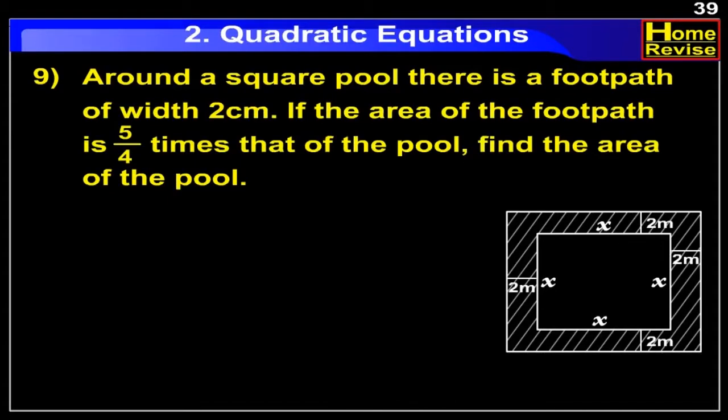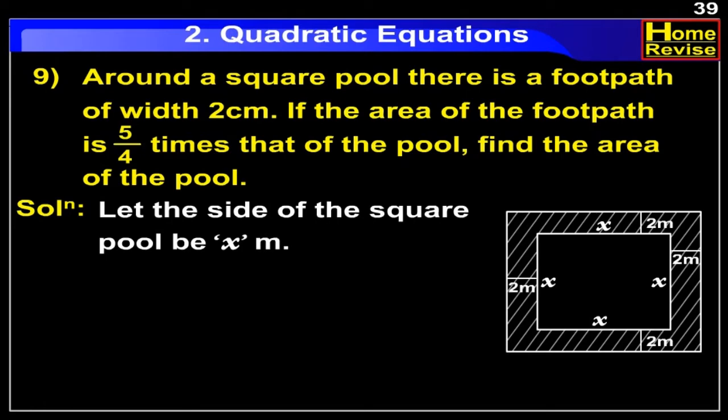Around a square pool, there is a footpath of width 2 m. If the area of footpath is 5/4 times that of pool, find the area of the pool. Solution. Let the side of the square pool be x meters.